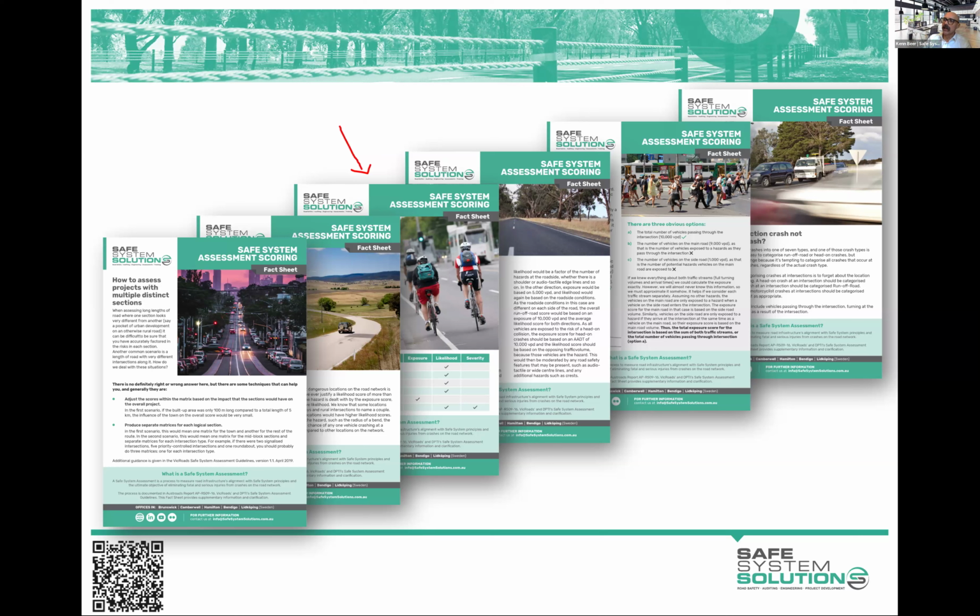For exposure, if a channelized right turn is installed, would it be correct to say that the exposure is reduced only for rear end crashes for stationary vehicles waiting to turn right? Okay. So you'll see as we get further into the safe system assessing that rear end crashes are not their own specific crash type to deal with.